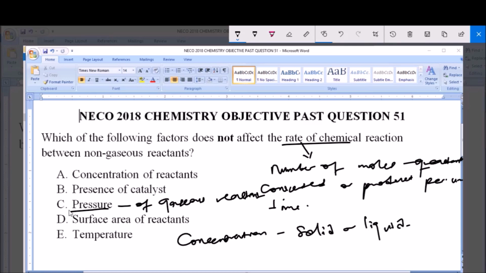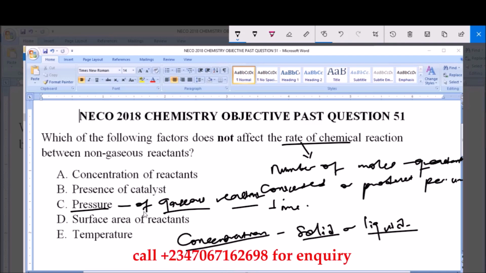So in terms of pressure, it deals with what? Gaseous reactants. But in terms of concentration, it deals with what? Solid or liquid reactants. Therefore, pressure will not affect the rate of chemical reaction for a non-gaseous reactant, that is either solid or liquid.